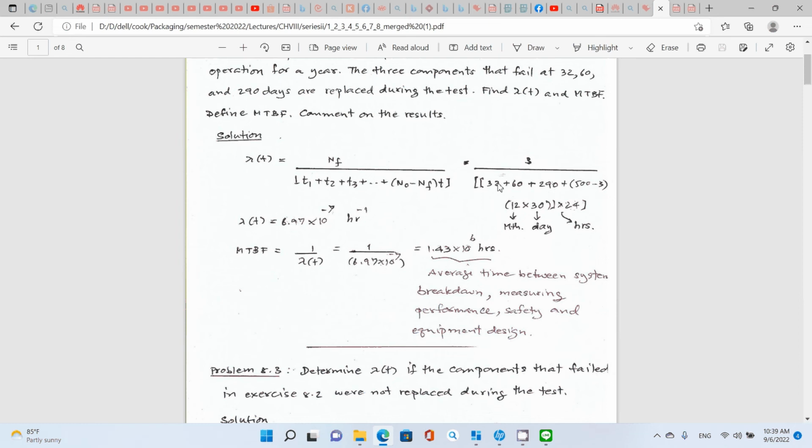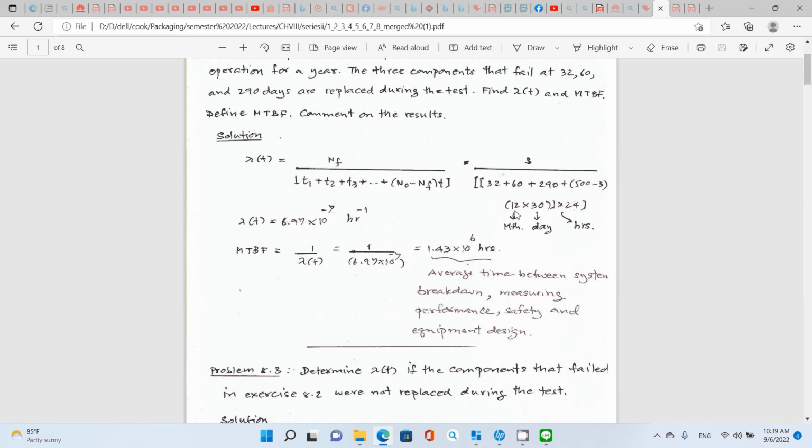So that's going to be 32 plus 60 plus 390, and we have our 500 components, minus the failed ones, that's 3, and multiply by the time, because we test for a year.